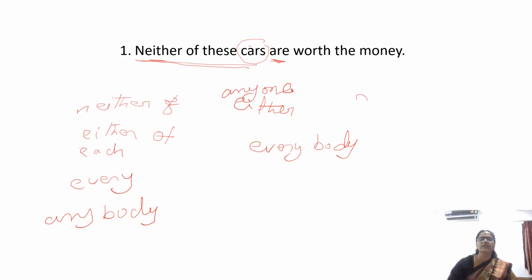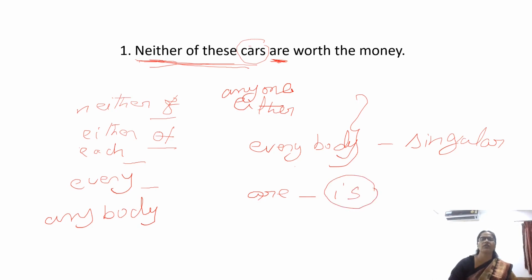All these words are singular. Now, singular subject takes singular verb. Are is the plural form of is. So is is our singular form. We need is here. So, neither of these cars is worth the money is the correct answer.